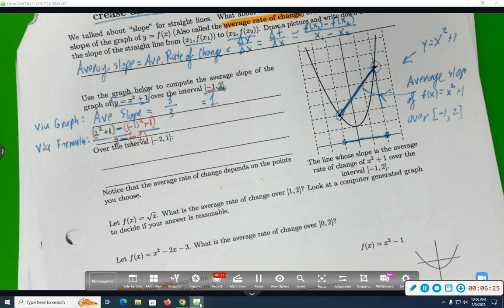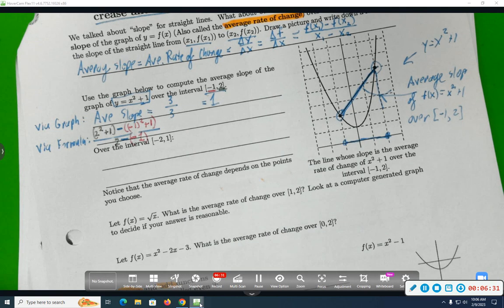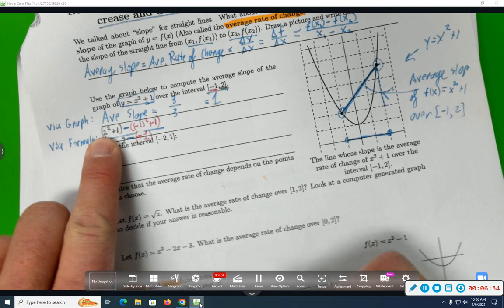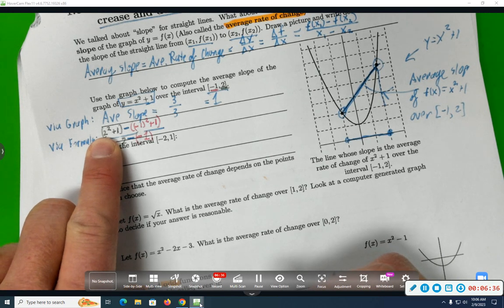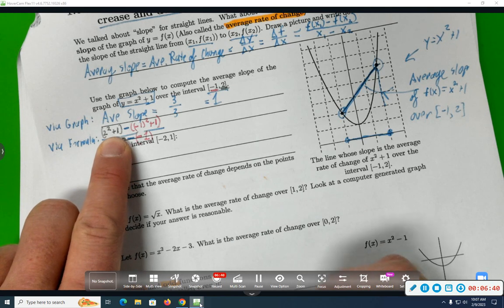That looks like something you can do. Let's go through and do it. 2 squared is 4. Plus 1 is 5.